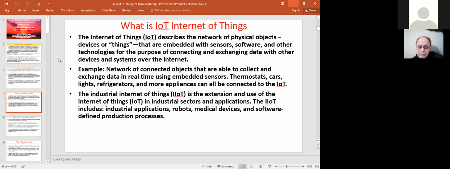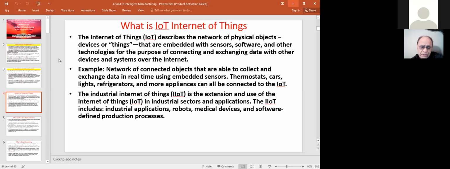Sensors are fitted in the manufacturing equipment, and cameras are fitted, and all these are integrated together, and they take the data and transfer it to software, where simulations are done, and this is all called IoT, or Internet of Things.